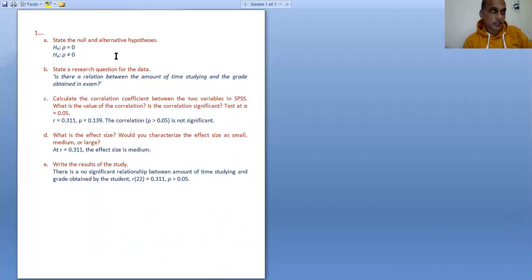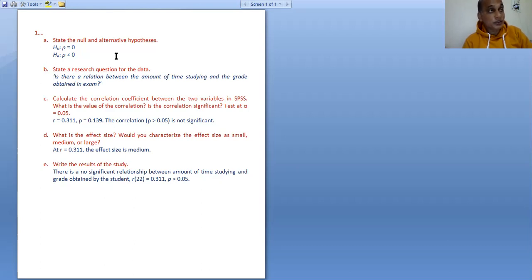The population symbol for small r, the correlation coefficient, is given by the symbol rho. Rho we all know is a Greek alphabet, quite similar to small p. And we say the null hypothesis is that rho is equal to 0, meaning that there is no correlation between the two variables. And the alternative says that there is some type of correlation.